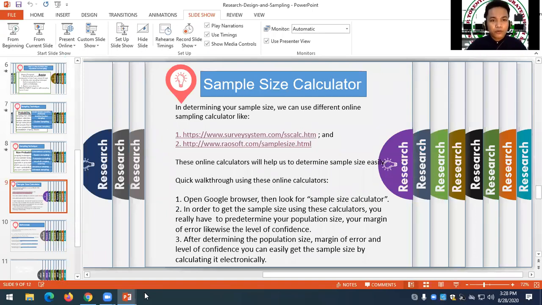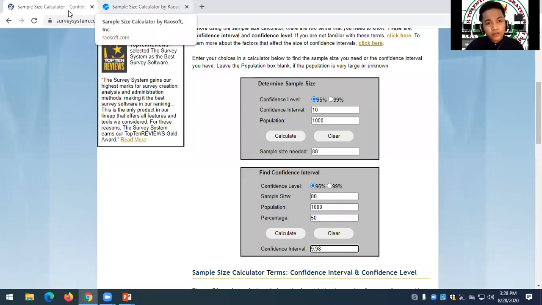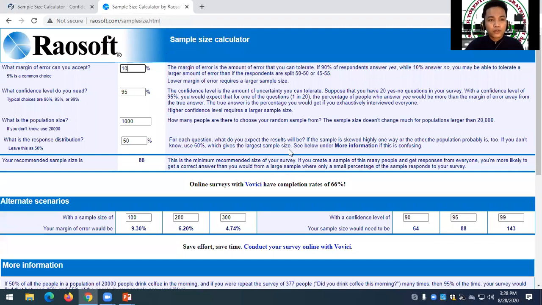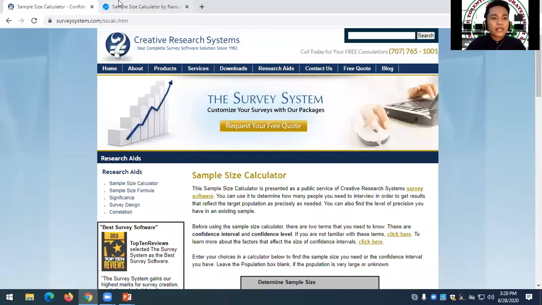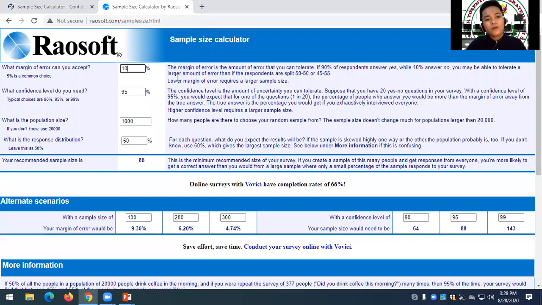Okay. So, naka-open na naman siya sa akin. Tulad ng sinabi ko, open nyo lang yung browser ninyo and then key in sample size calculator. Okay, so lalabas na itong dalawang to, si RaySoft and then si Survey System. So gamitin muna natin itong si RaySoft.